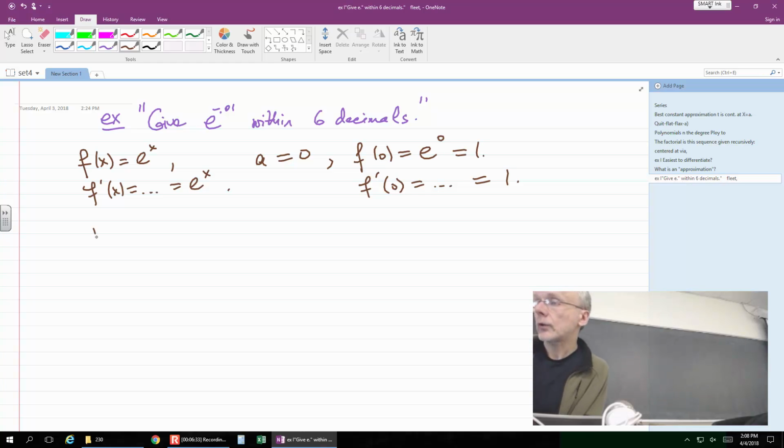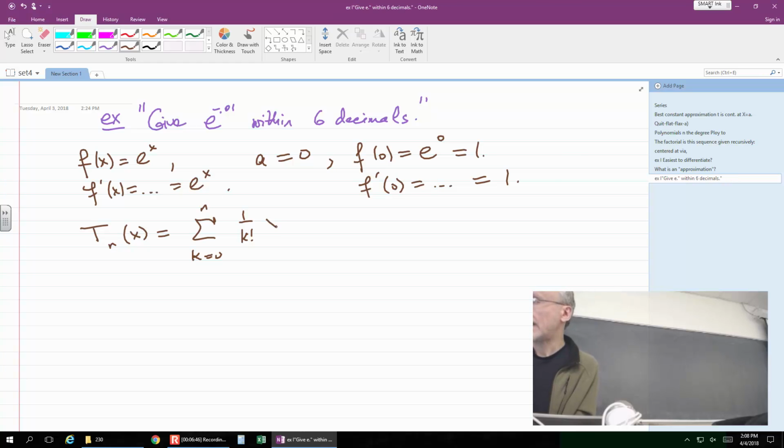Okay, so the Taylor approximation, as we know, at zero, fortunately, will be the summation k from 0 to n, 1 over k factorial, x to the k.